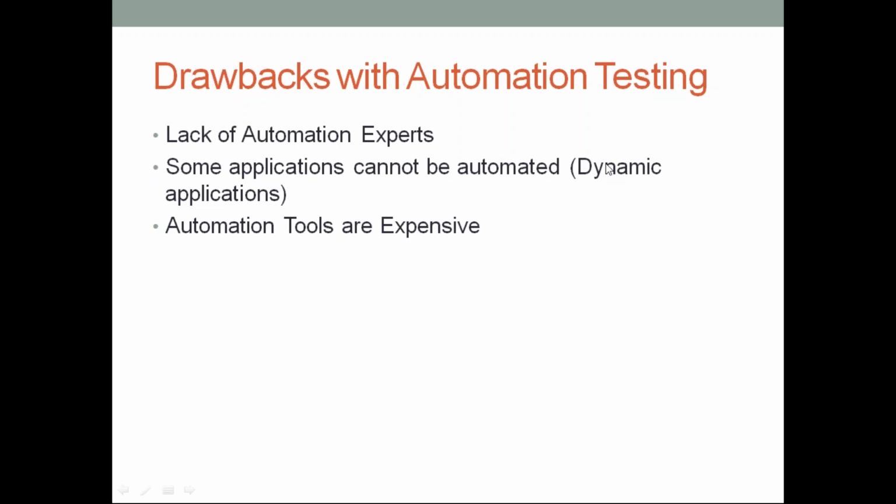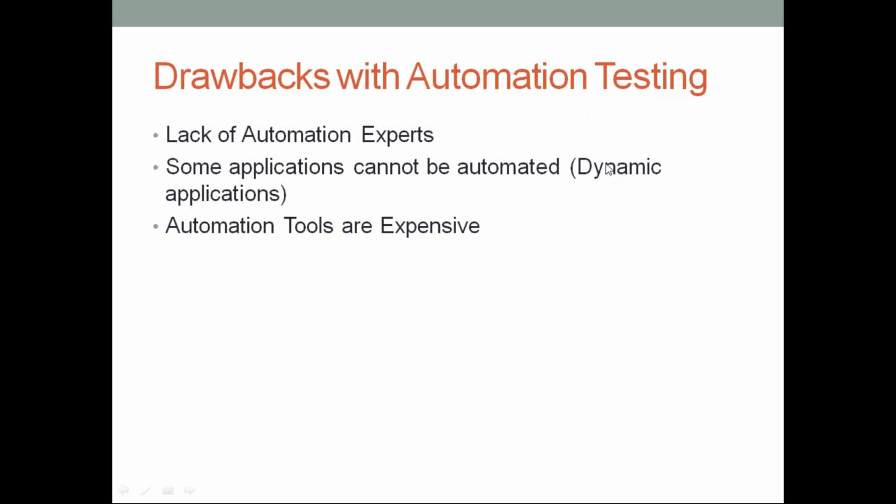Now every company is trying to automate their complete test suites, because obviously they want to reduce the manual efforts, right? Time is very important, and they can also save a lot of money.